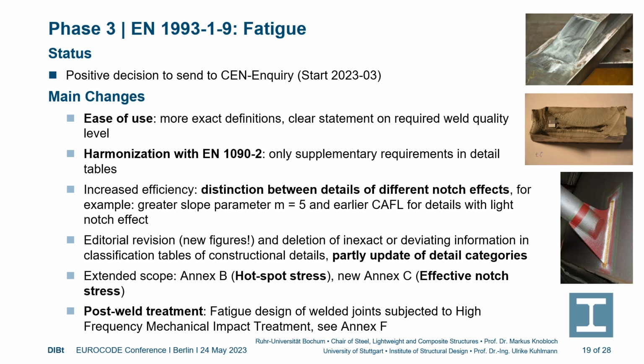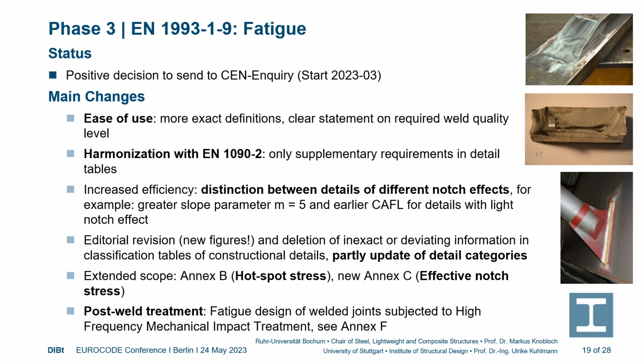And we have, which is important, better harmonization with EN 1090 Part 2 for the execution. In fact, the original Part 1-9 was drafted before 1090 existed. So there were some discrepancies between them. And now we have clearly in Part 1-9 only supplementary rules, requirements to the EN 1090 rules.